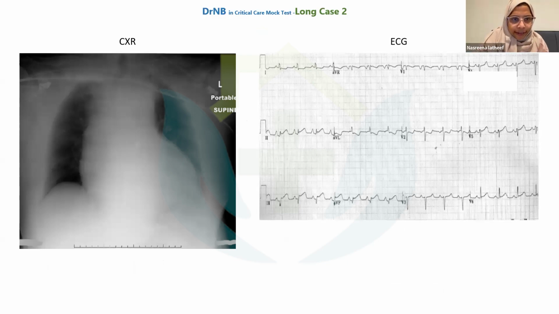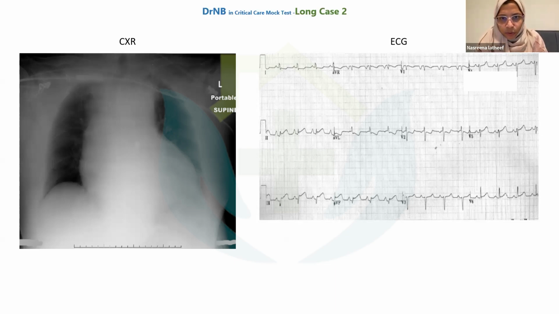So the X-ray is showing widened mediastinum with blunting of the left costophrenic angle, probably an effusion, could be a hemorrhagic effusion, and widened mediastinum could be a feature of aortic dissection.